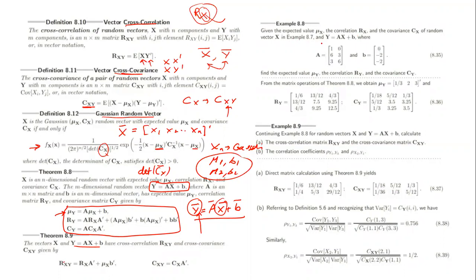We are given the expected value vector, the vector correlation and vector covariance of random vector x from the previous example, A and B, and find the correlation, expected value, and the covariance vectors.